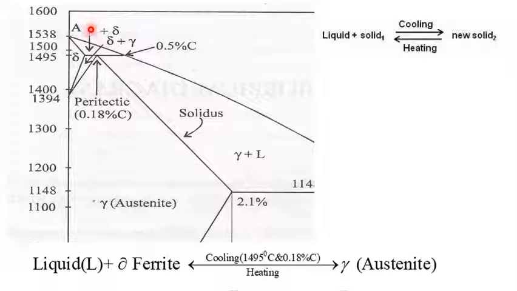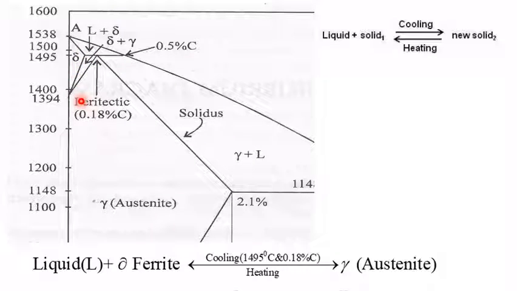So once the liquid crosses the liquidus line, the delta ferrite starts solidifying, and once it crosses the temperature of 1495 degrees Celsius at 0.18% of carbon, it solidifies into a new solid, that is austenite, which is in an FCC structure. So this delta is in a BCC structure. The maximum solubility of carbon in delta ferrite is 0.5% at 1495.